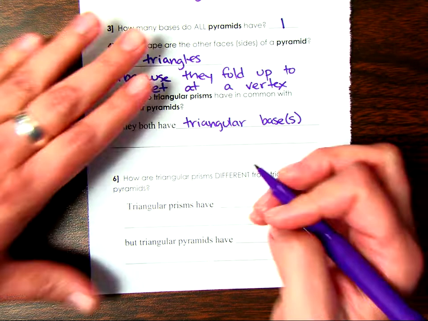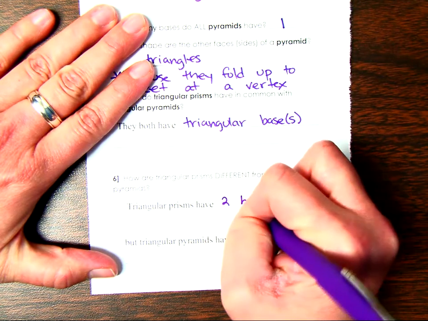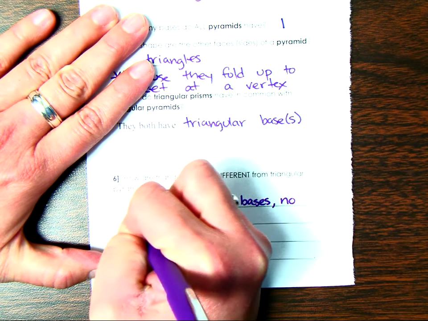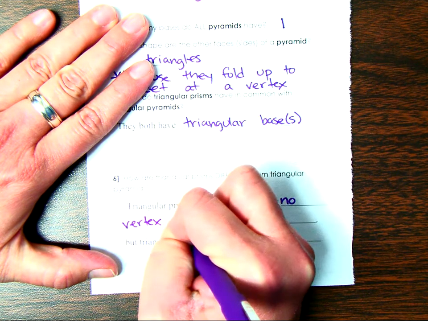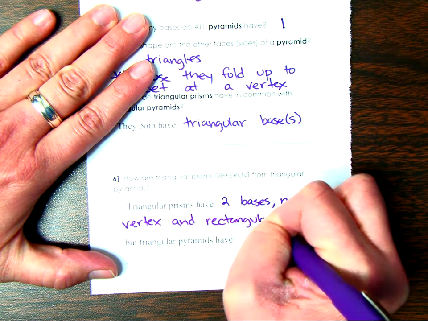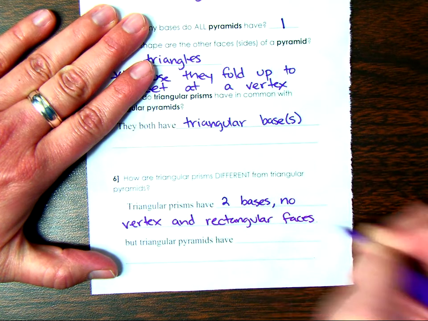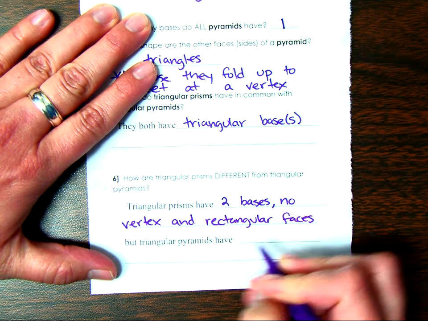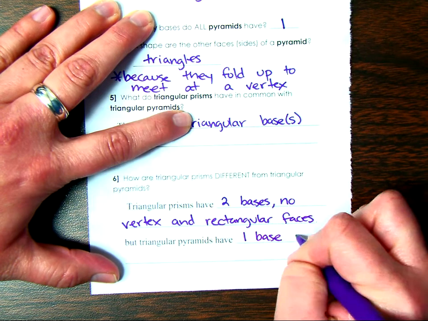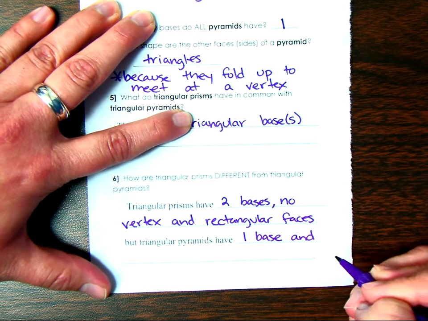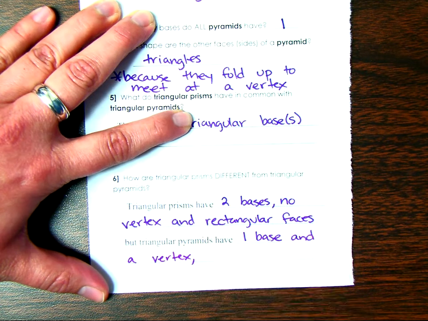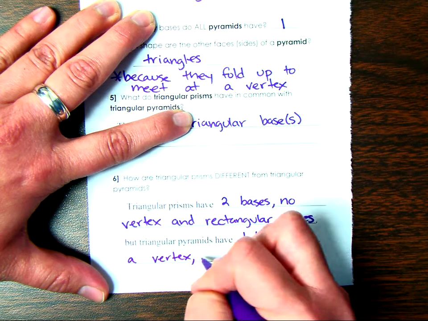So we can say triangular prisms have two bases, no vertex, and rectangular faces. But triangular pyramids have only one base because that base is across the vertex, so one base and a vertex. And its faces are triangular.